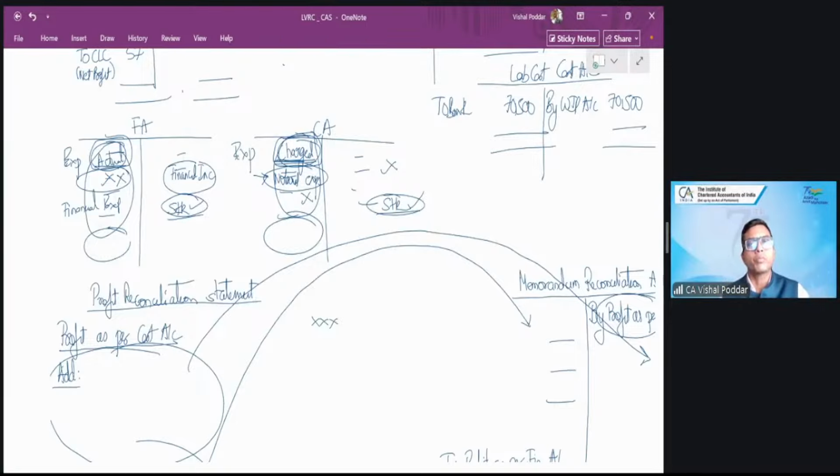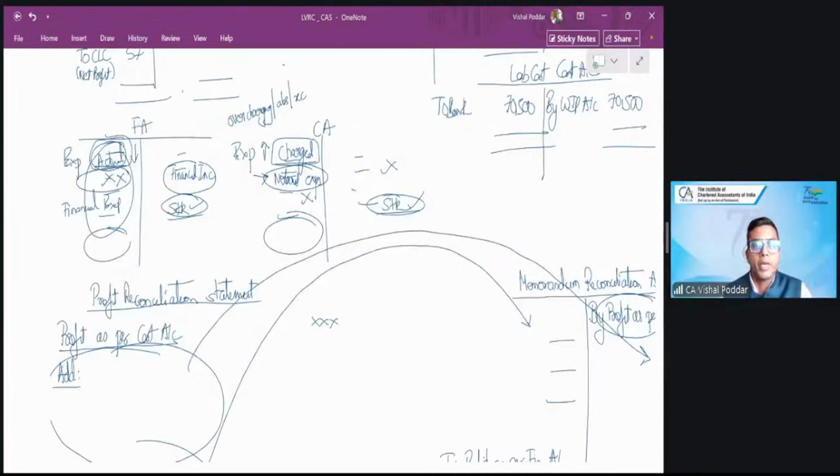Now, if the figure of expense in your cost accounting, that is the charged figure, is higher as compared to the actual figure, which we can also say is the actual expense incurred, so if charged is more and incurred is less, this is a scenario of overcharging because charge is more.